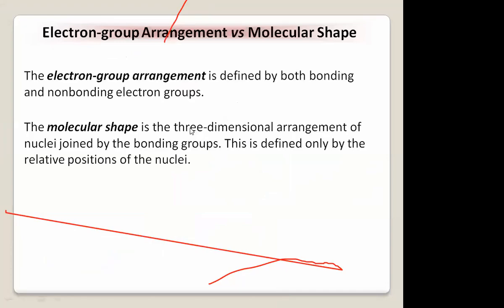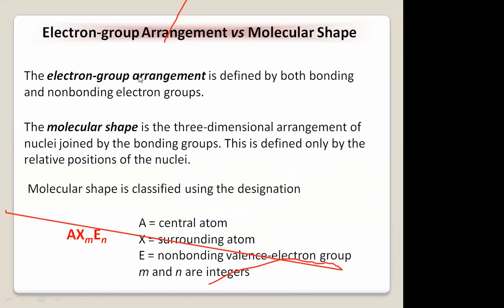So what then is the real concept that we want to learn? The concept that we want to learn is that electrons are arranged in the hybrid orbital. So the electron group arrangement is defined by both bonding and non-bonding groups. It is not just the bonding group that determines the shape of molecules.